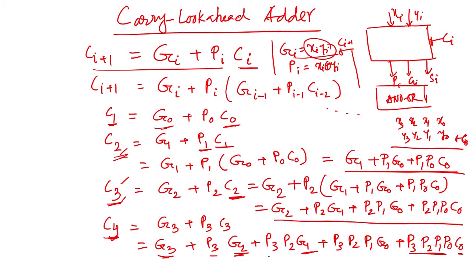So, if I sum up here, what is happening here? So, we have input x0, y0, and then we have a circuit, that is, a few minutes before, we have the input C0, we are generating G0, we are generating P0, we are generating some S0.